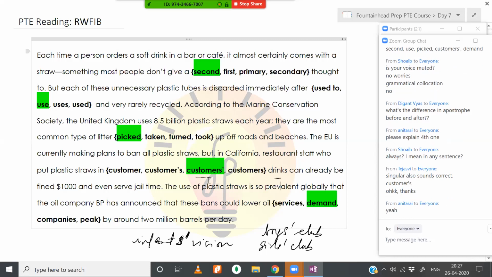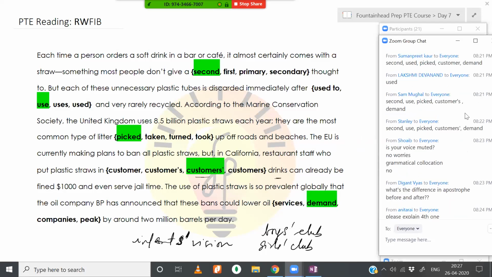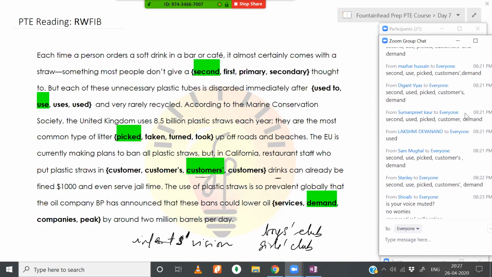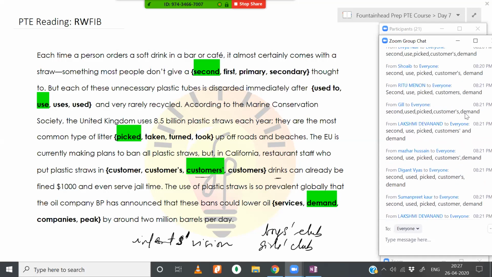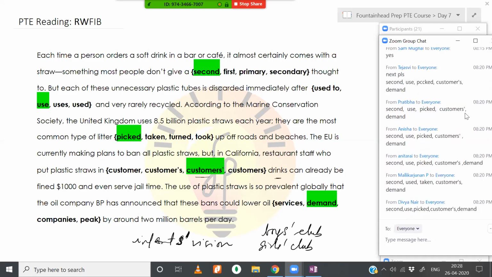So Anita, this is what you mentioned, fourth one. Okay, fine. Last one is demand. Any questions with regards to this particular blank, demand? Demand is what a lot of you have mentioned. Yes.